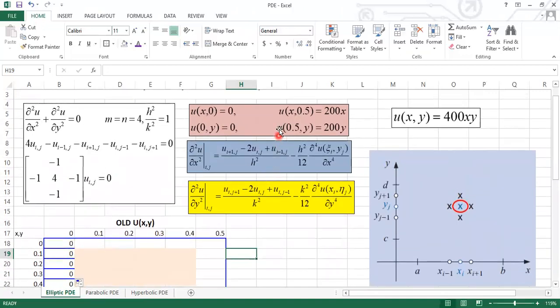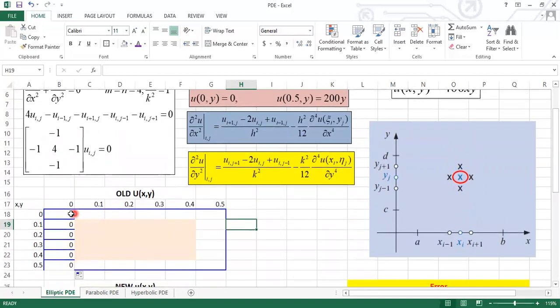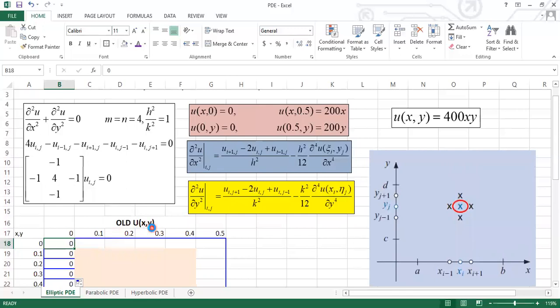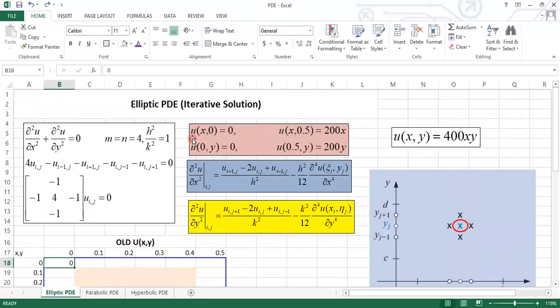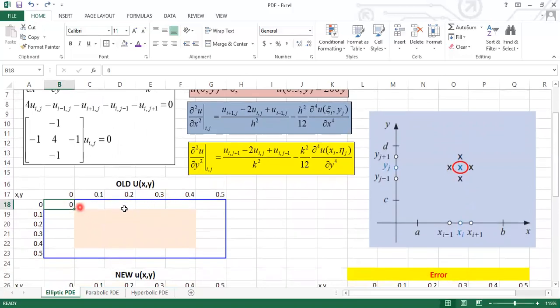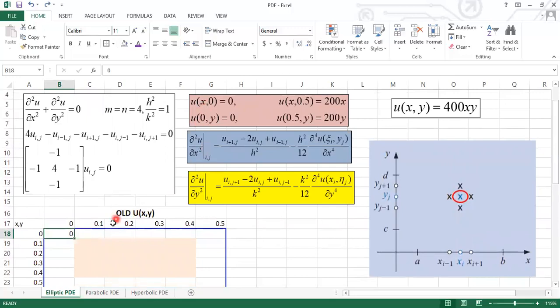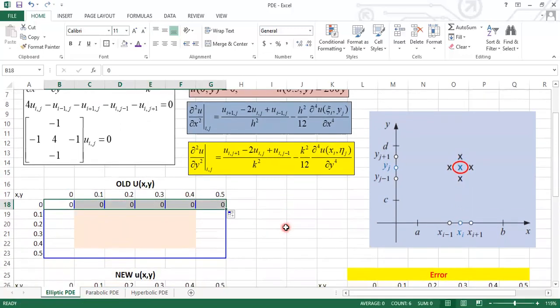Now u(0,y), where the x value is 0 and y values are changing. Sorry, this was the left boundary. Let me repeat that. u(x,0), x values are changing and y values are equal to 0. So we have this type of boundary values.